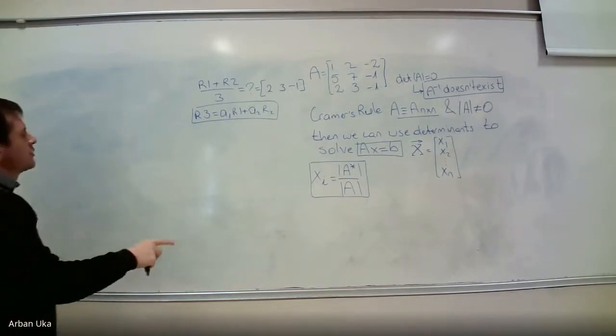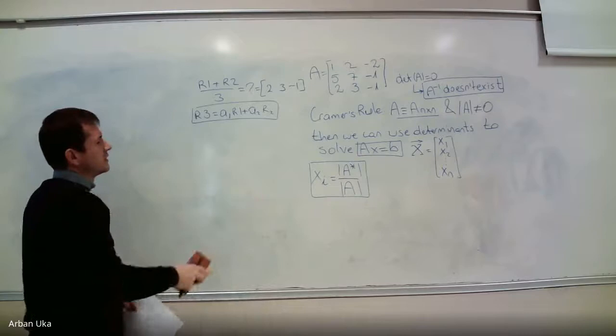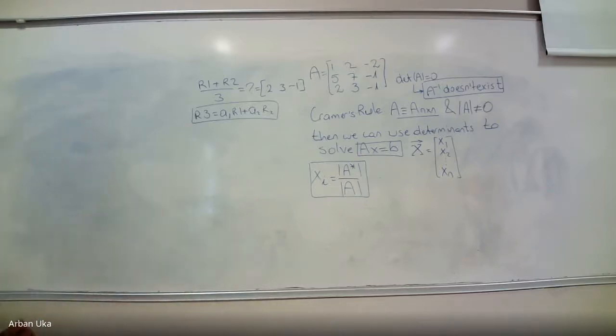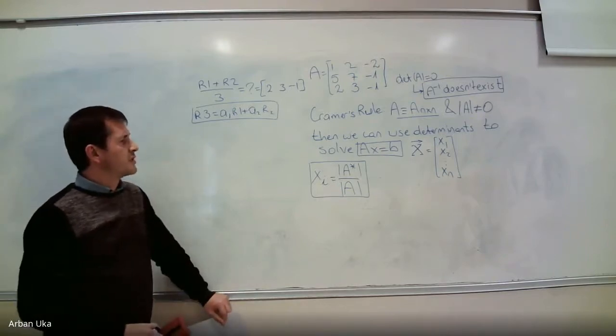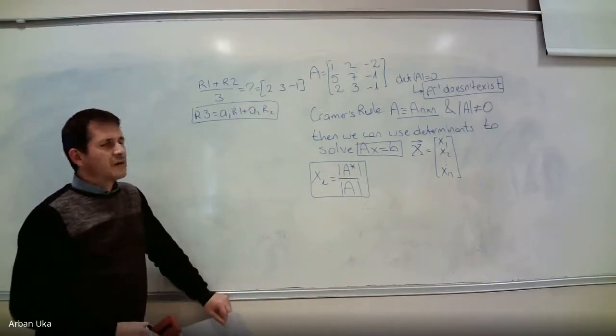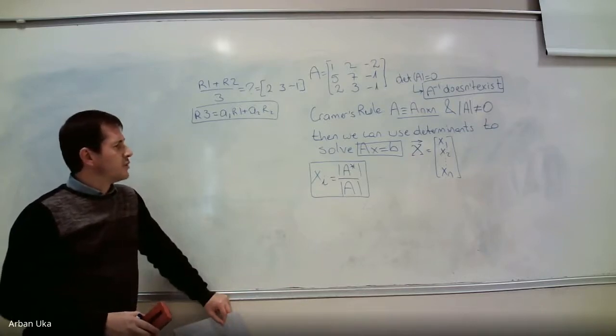Okay, here we have an important rule, which is Cramer's rule. It states that for any square matrix n by n whose determinant is different from 0, we can use the ratio of determinants to obtain the solution of Ax equal to b.